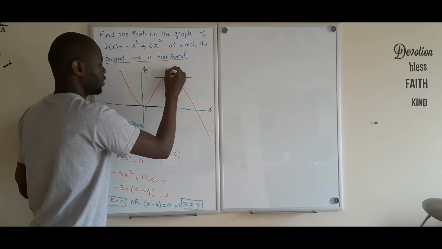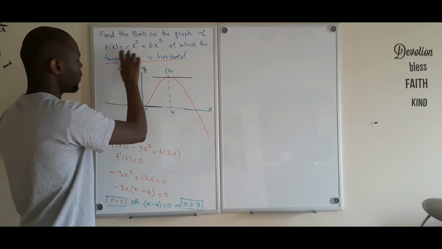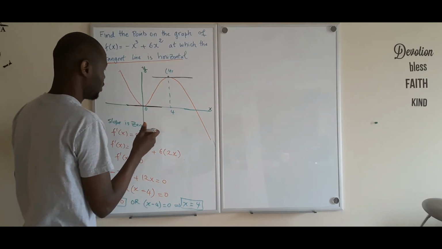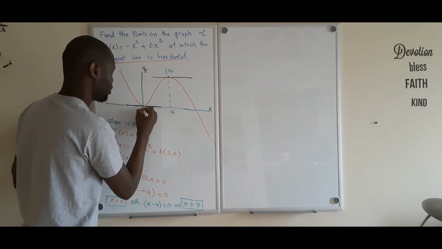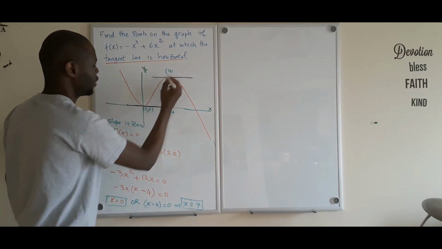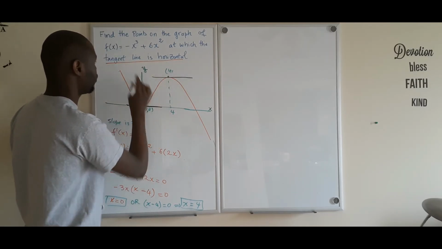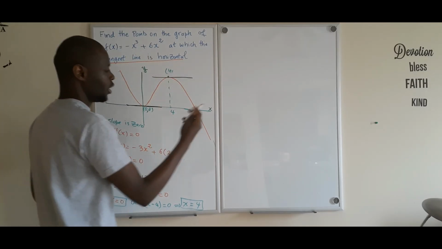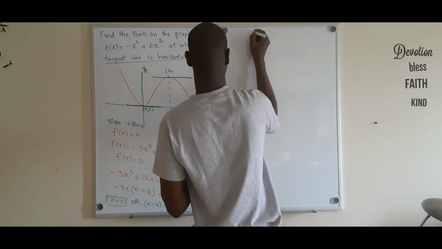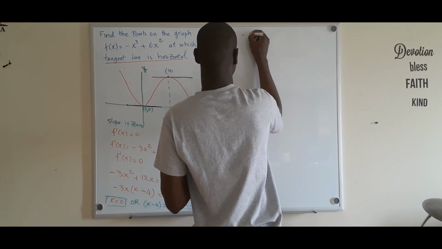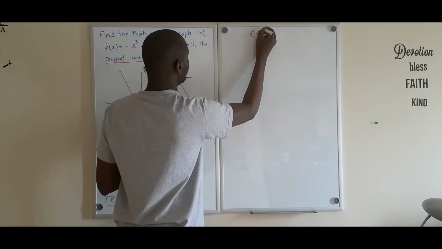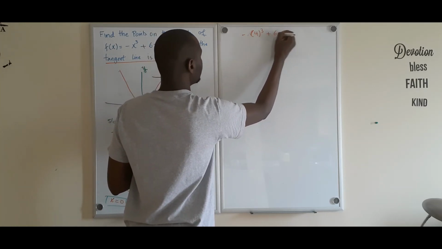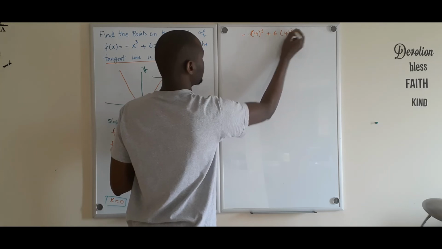So when x equals 4, what will be the corresponding y value here? For x equals 0, it's just 0, so that point is (0, 0). For the other point, x equals 4, just substitute. That will be minus 4 cubed plus 6 times 4 squared.